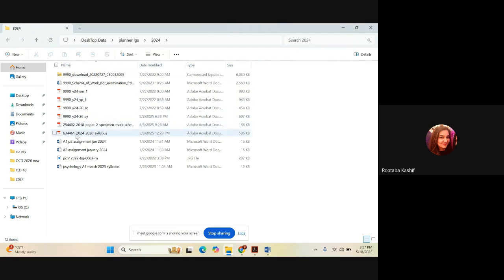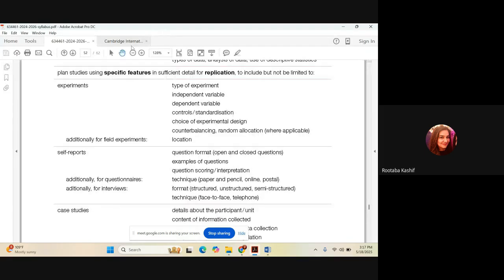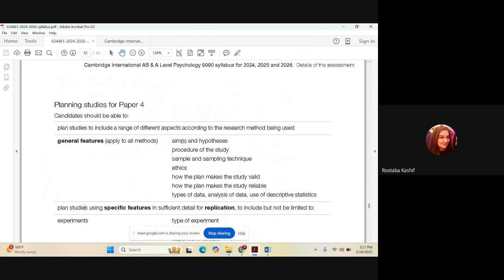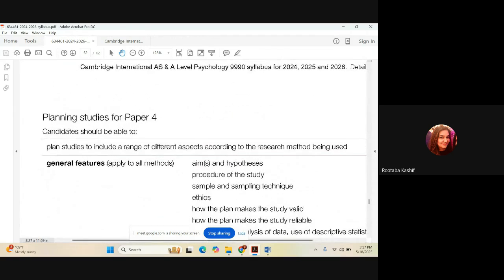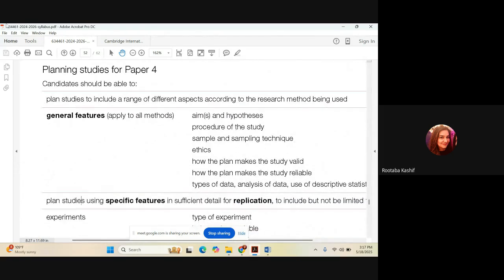That's why I am opening it in front of you, so that you know how you are supposed to study. When you open page 52 of your syllabus, they have already given you a guideline of how to plan your studies for paper 4. And when you are designing your study for paper 4, there are certain things which definitely need to be there.